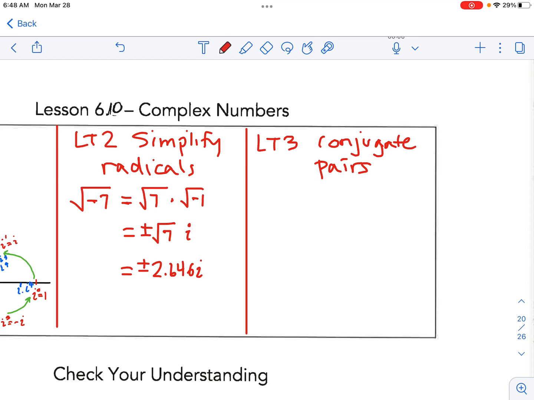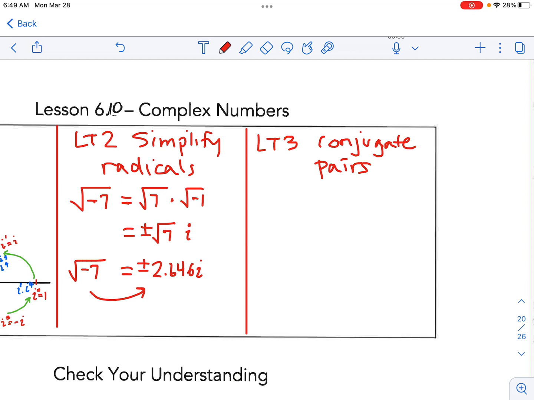Notice we get 2 answers. So the square root of -7 is 2 answers, just like the square root of -9 is plus or minus 3. The square root of -7 is plus or minus 2.646i. So it's 2 answers.